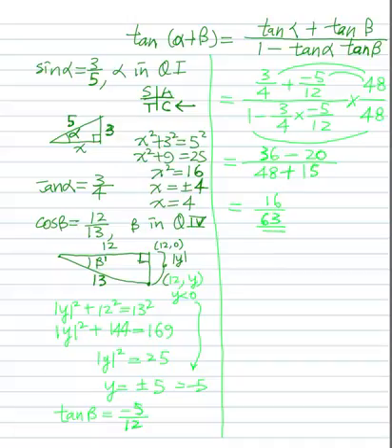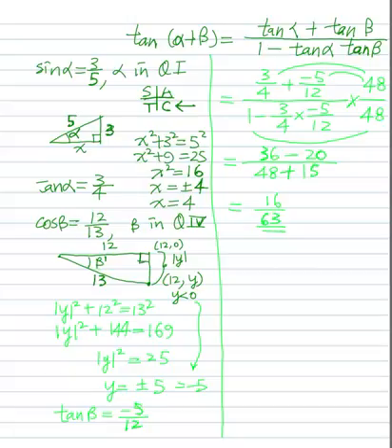The coordinate of the third point will be 12, y. Since beta is in the fourth quadrant, and beta prime is the reference angle, we know that y is less than 0.